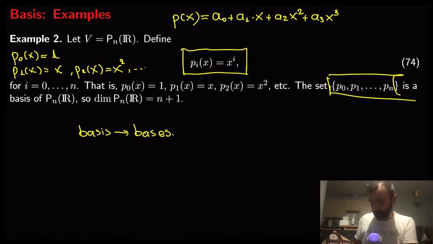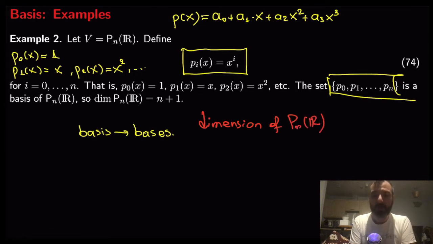The dimension of this set Pn of R, the vector space of polynomials of degree up to n, is n plus 1. The dimension is n plus 1. Why? Because I found a basis that contains n plus 1 vectors.